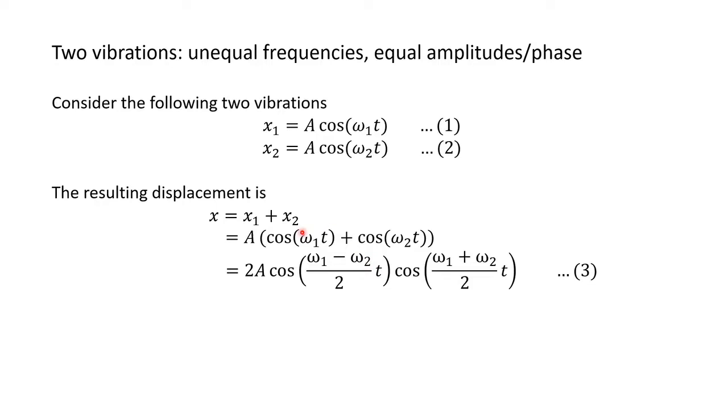Now let's suppose that this angle is alpha and this angle is beta. And let's suppose that alpha is smaller than beta. What you're going to do is write down the midpoint between alpha and beta. And then, of course, the distance from alpha to the midpoint will be the same as the distance from the midpoint to beta.